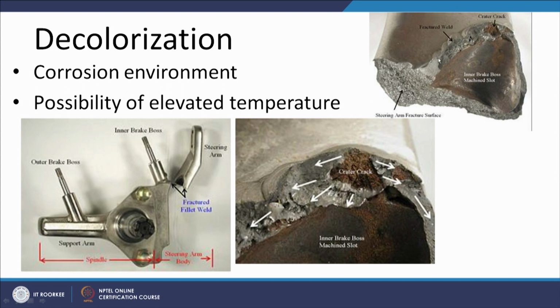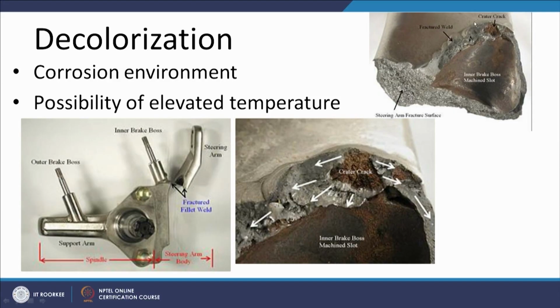Macroscopically, if we see from a distance, the fracture occurred from the weld zone, and this is the location of the crater where we can see some corrosion features, and the bright shining surface indicates the freshly fractured surface.